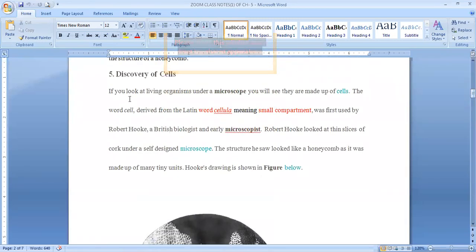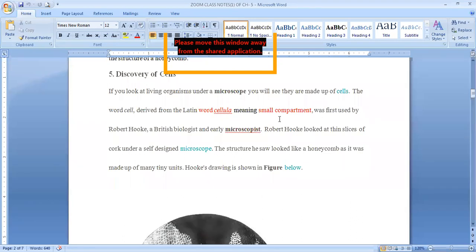that if you look at a living organism under a microscope, you will see they are made up of cells. The word cell is derived from a Latin word cellula, which means small compartment or a little room.